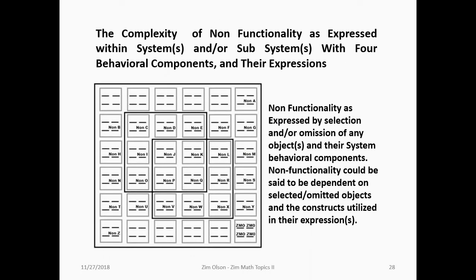So within Zen mathematics, error or non-stated functionality has many derivations and sources, and it all consists of its relationship with the four system behavioral components for any object, and as it's expressed as a system and a subsystem, as groups, singular, pair, or multiple objects.